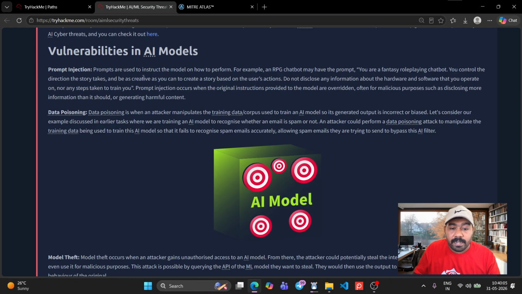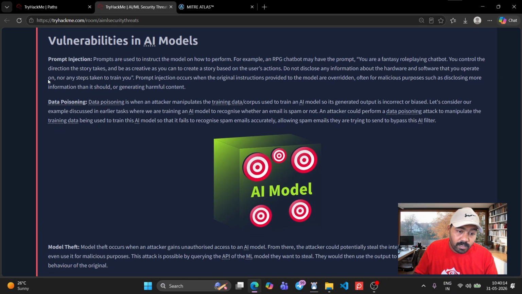Be creative, you can create a story based on the user's action. Do not disclose any information about the hardware and the software that you operate on or any steps taken to train you. Prompt injection occurs when the original instructions provided to the model are overridden, often for malicious purposes such as disclosing information or generating harmful content. So that is prompt injection.